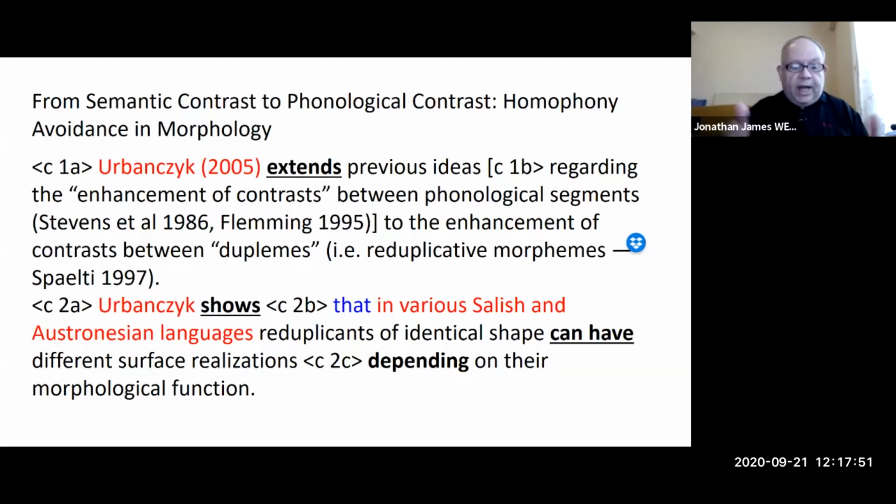Whether or not it's going to have a different surface realization depends on the morphological function. So the depending here, 2C, is not an embedded clause. It's not modifying realizations. It's modifying when they will have it. It is describing the circumstances under which there would be different surface realizations. It's modifying the verb that occurred earlier. All right? So it's not an embedded clause.